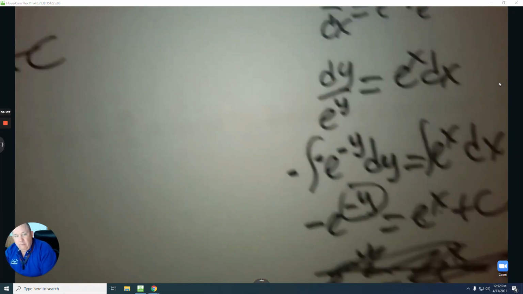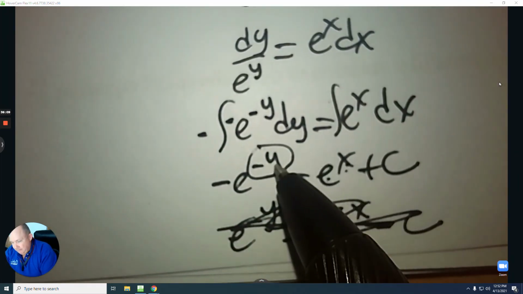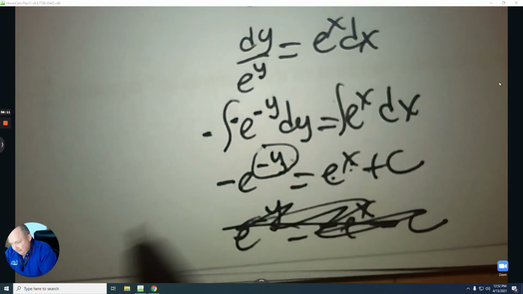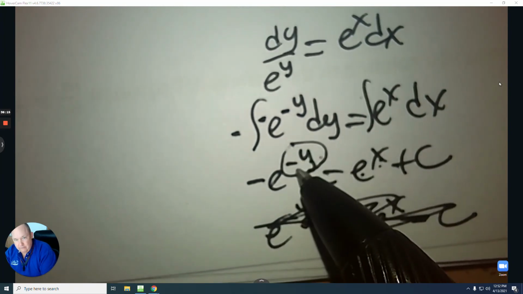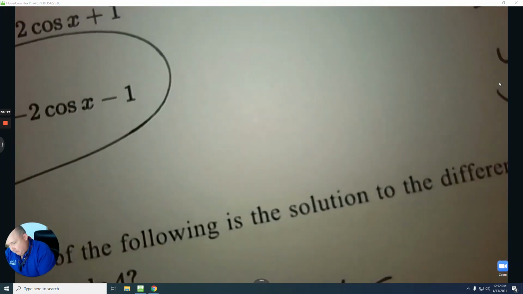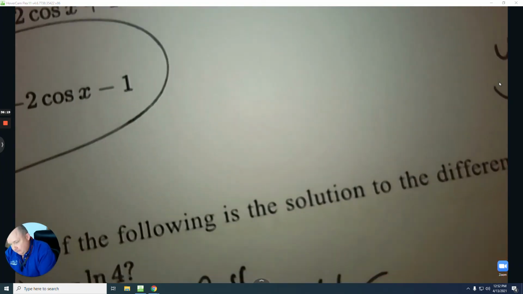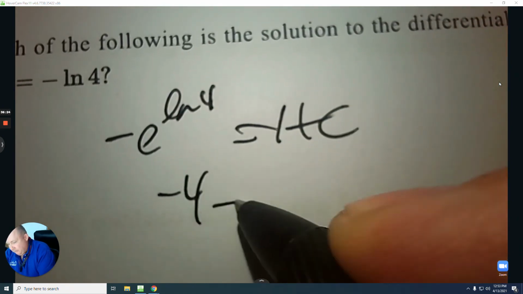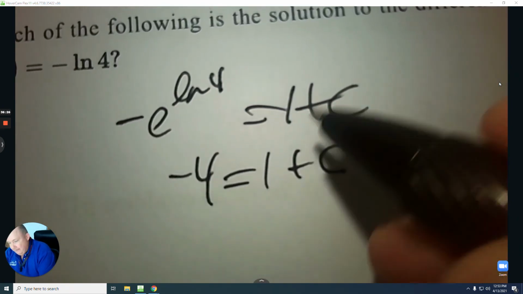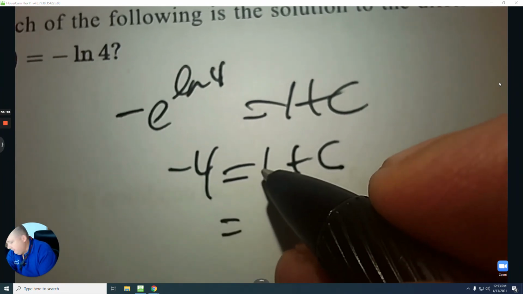So on one side, I have 1 plus c. And then if I plug in ln 4, it's actually a negative ln 4. So a negative times a negative is positive ln 4. Now, e and ln cross out. That just leaves me with 4. And then subtract 1, and c is equal to -5.